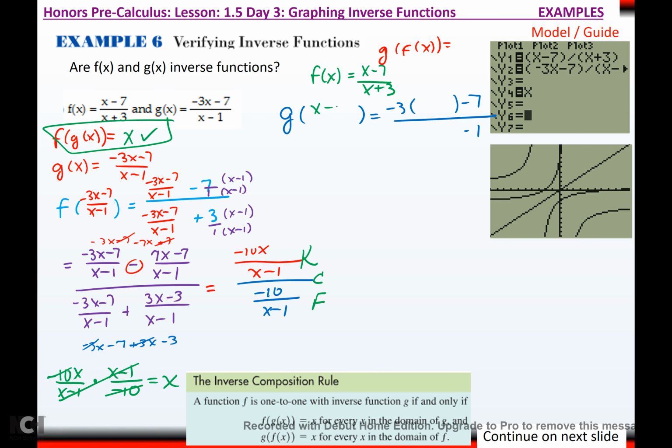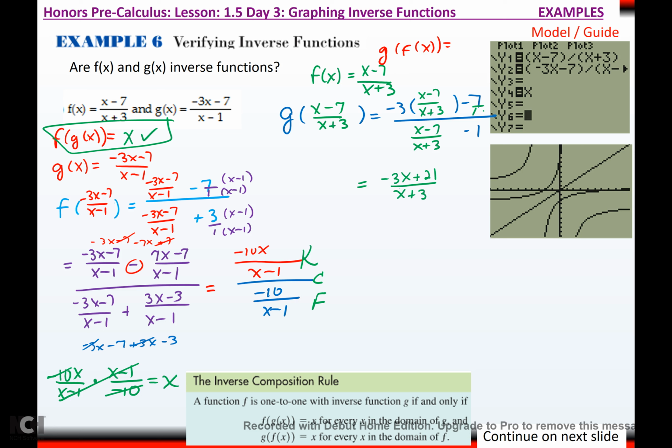I brought x minus 7 over x plus 3. All right, and to simplify this mess, on top I'm going to have negative 3x plus 21 over x plus 3.